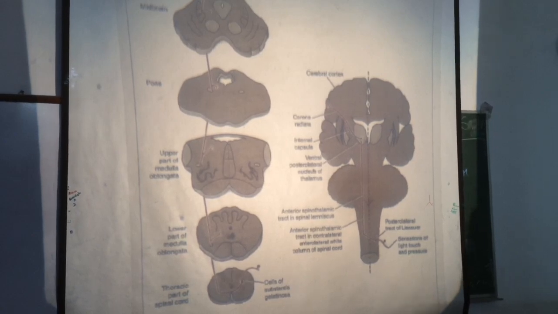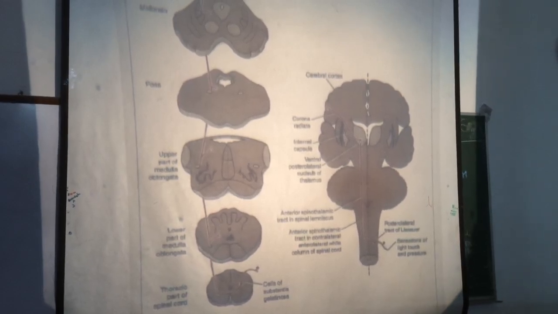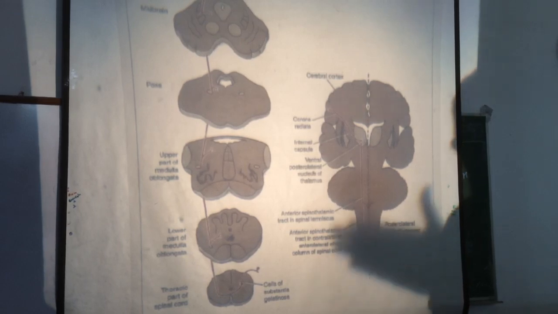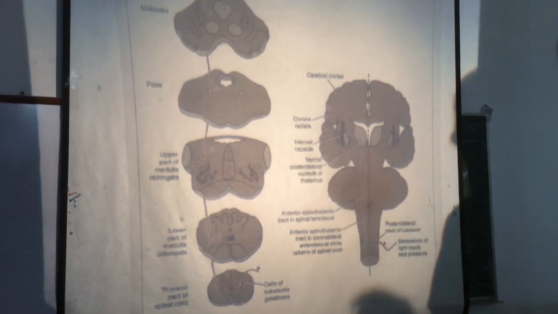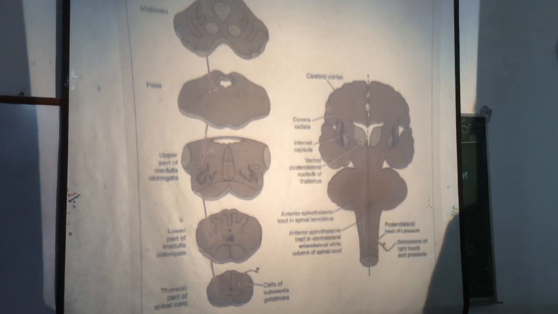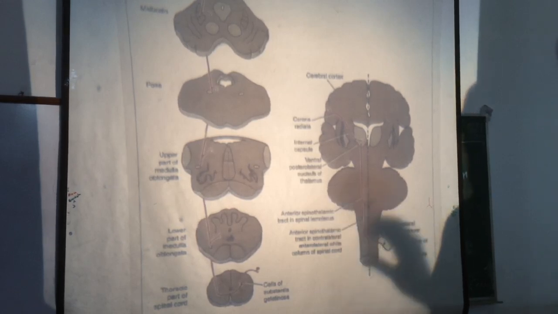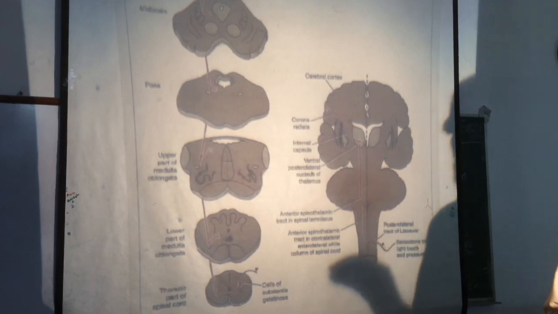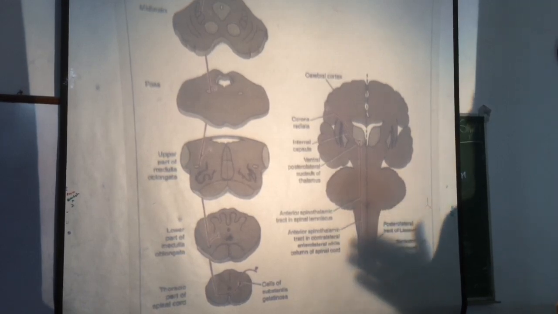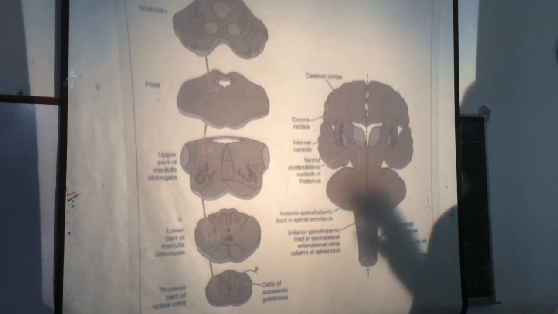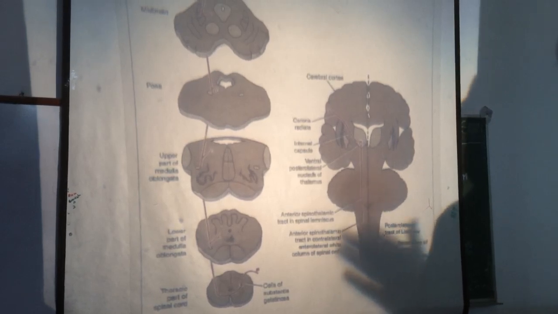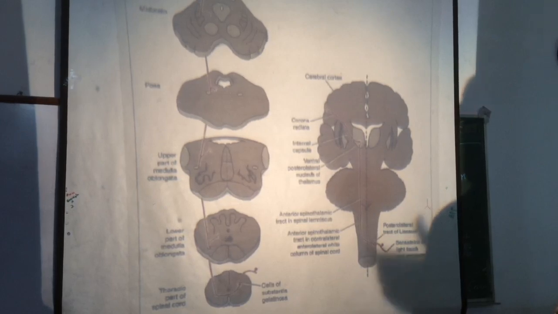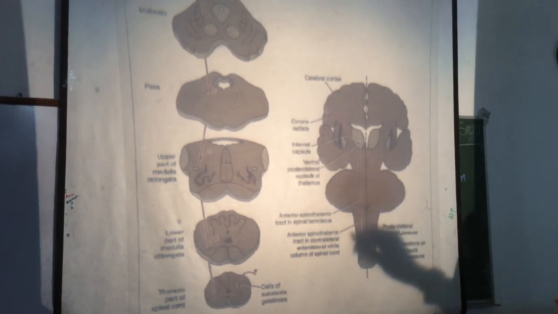The tract is formed in the lower part of the spinal cord. As the tract ascends, fibers from the upper parts of the body join the tract after crossing over, and they join it anteromedially.